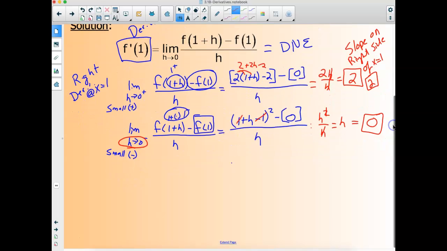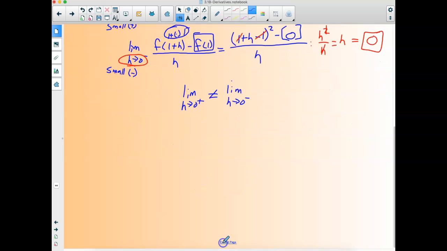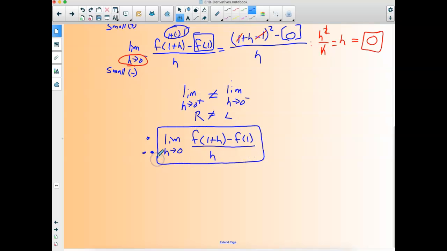What have I just shown? I have just shown that the limit as h approaches 0 from the right is not the same as the limit as h approaches 0 from the left. Because the right is unequal to the left, the limit as h approaches 0 of f of 1 plus h minus f of 1 over h, this very special limit, does not exist.